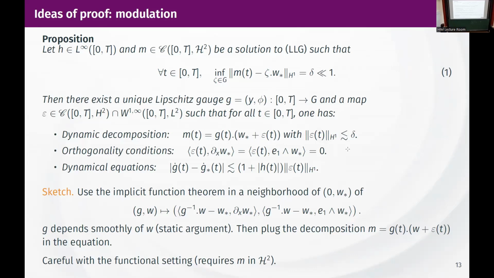So what does it tell me? It tells me that if I give myself a magnetization which remains close to a domain wall, then I can decompose it dynamically as a gauge applied to W star plus a small error depending on the time, and the error is of the order of the error that I make here.